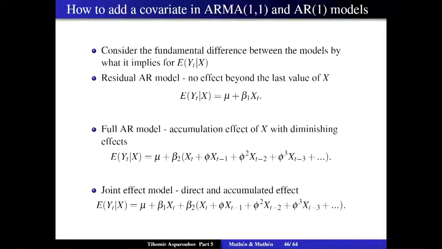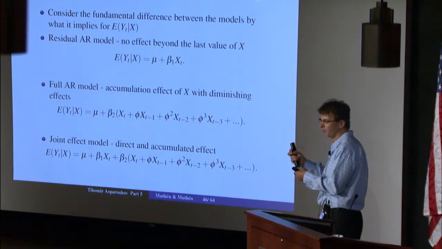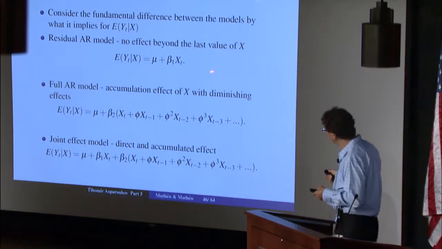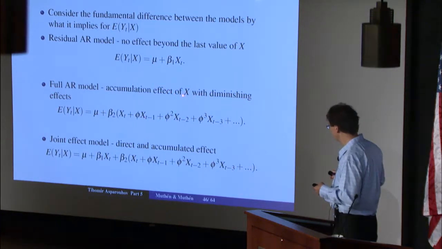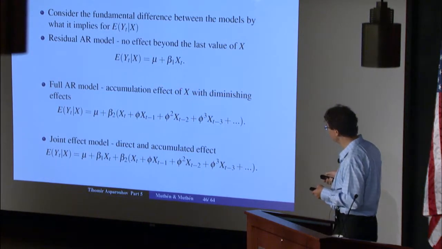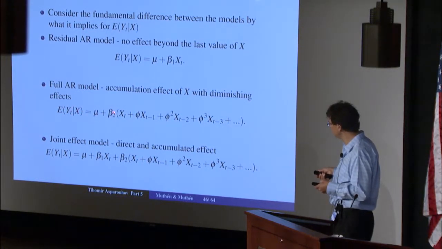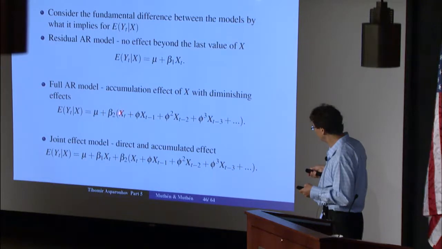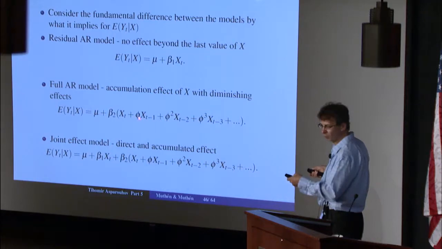But what you can notice here is that the conditional expectation is affected only by the covariate at the current period. And that does not happen for the full AR1 model. You have an accumulation effect of these covariates. The conditional expectation of the dependent variable given the covariate is this infinite sum, and it shows that not just the covariate at the current period affects your value, but also from the previous period.